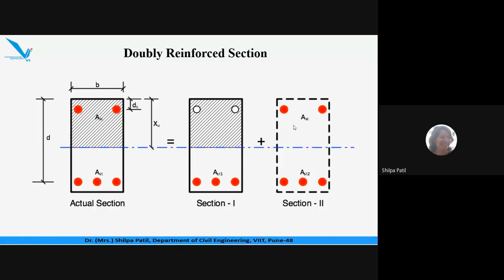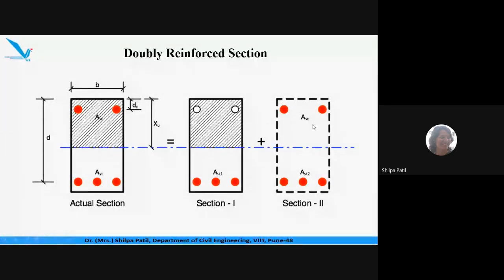Now, as we are dividing the Cu force into two parts, Cu1 and Cu2, Tu also we need to divide into two parts. Otherwise, there will be no equilibrium in any section. So when we consider Cu1, it will be Tu1, the balancing force.